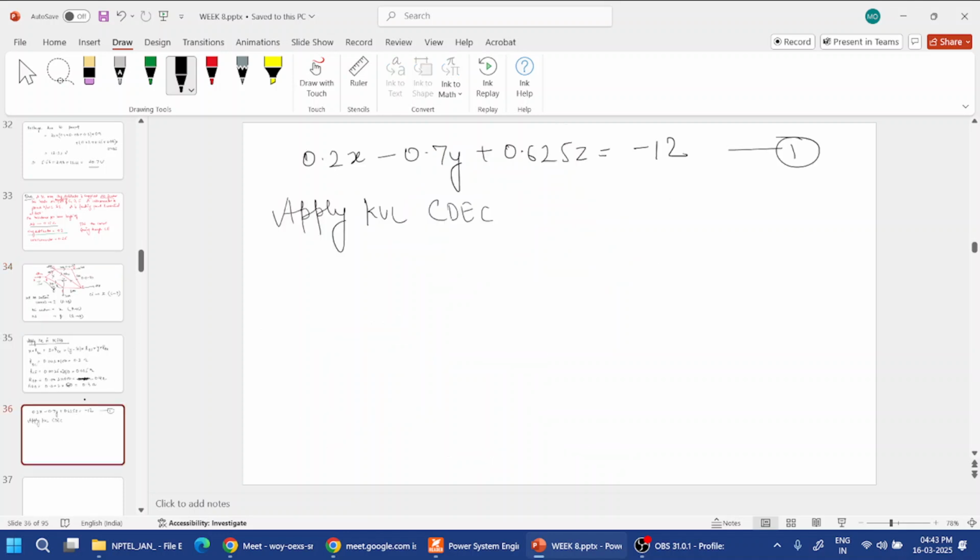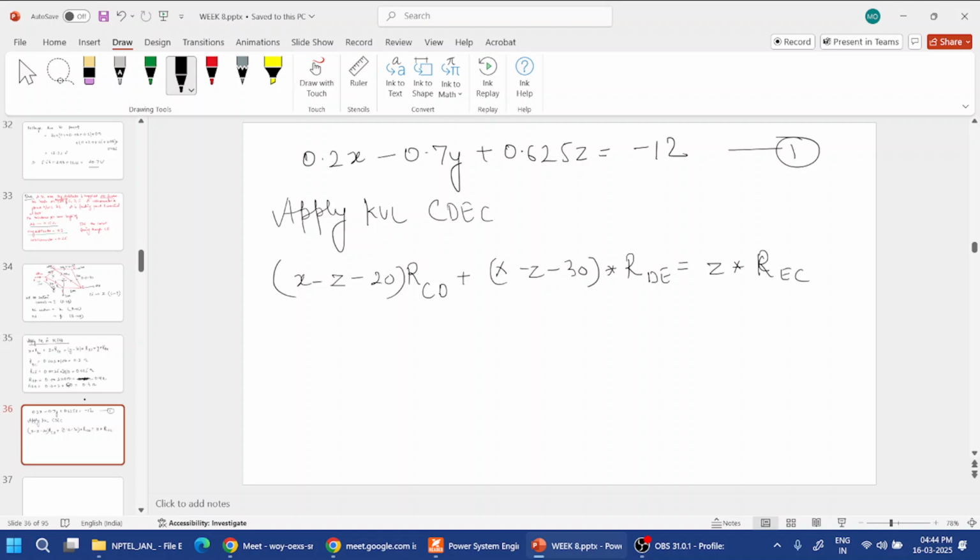Okay. So again, we apply KVL. First it is (X minus Z minus 20) into RCD, plus (X minus Z minus 30) into RDE, which is equal to Z into REC.